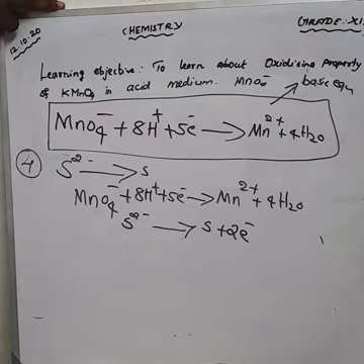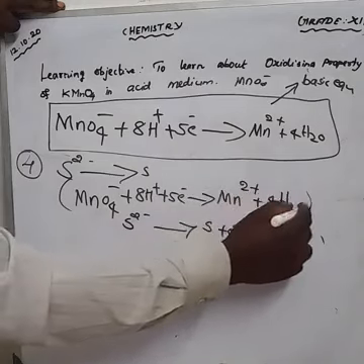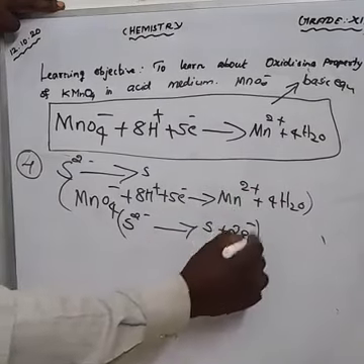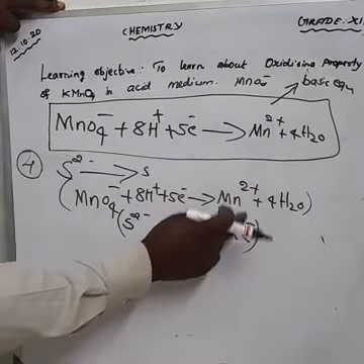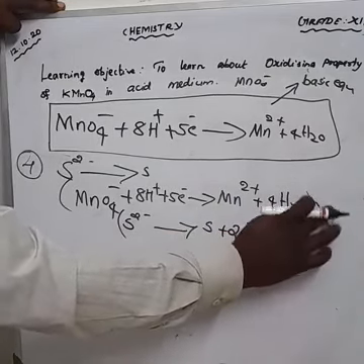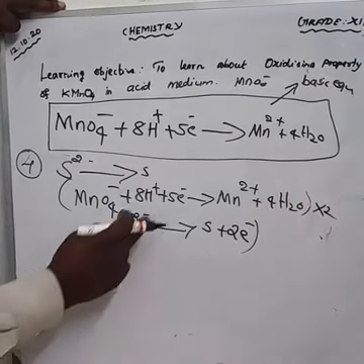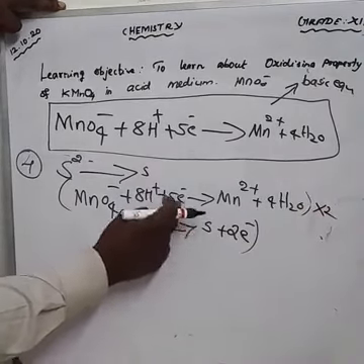So let's equate the equation. Anyhow, we should multiply each one. The first equation is multiplied by 2, and the second is multiplied by 5.